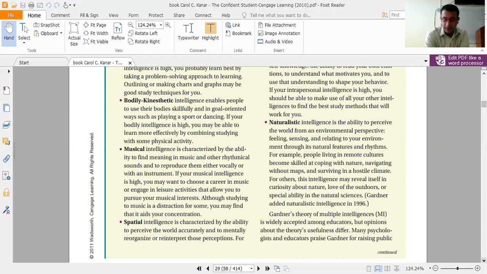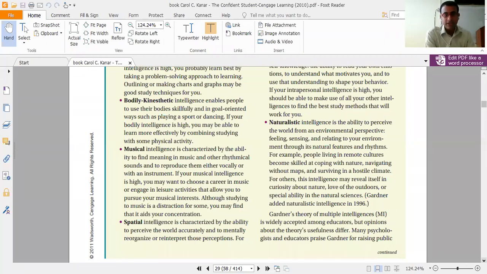So only a few people, those who have got this intelligence and those who work hard to achieve this intelligence, only they can perform dances, and they can play different kinds of games. Everybody cannot do this. If your bodily intelligence is high, you may be able to learn more effectively by combining study with some physical activity. Is this clear?